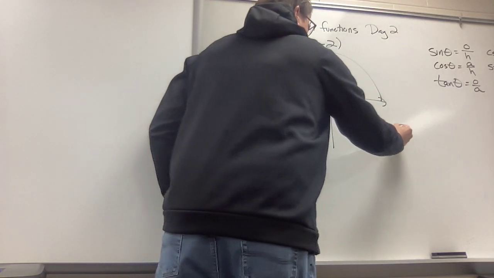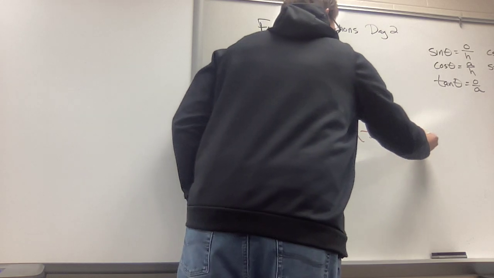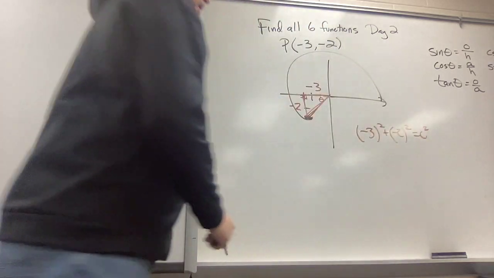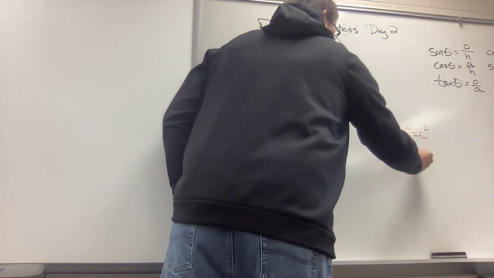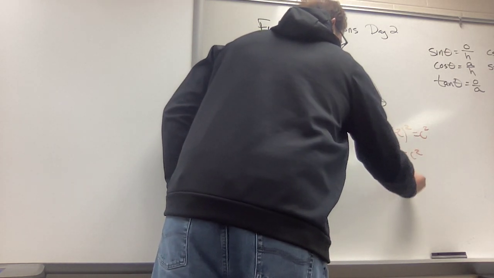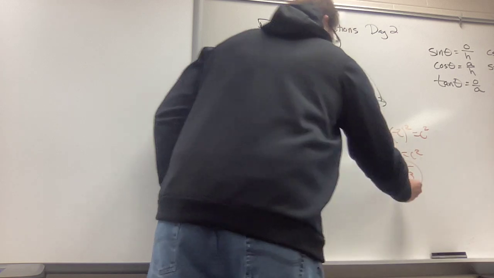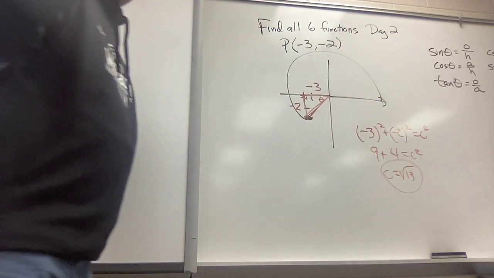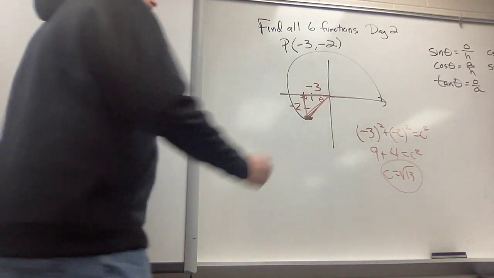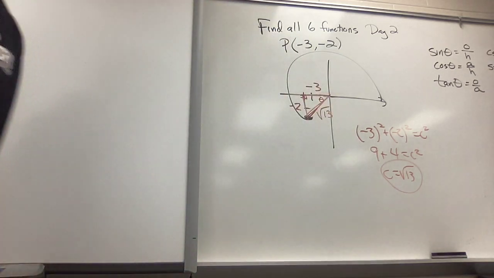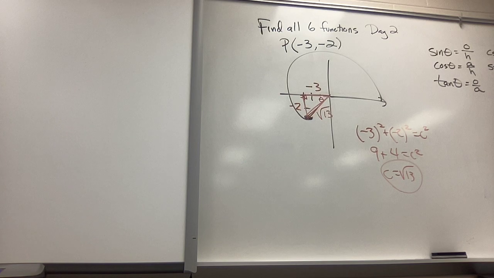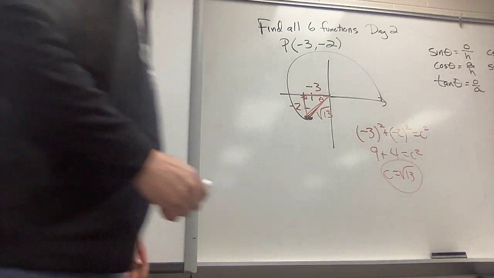A squared plus b squared equals c squared. 9 plus 4 equals c squared. We will not simplify. We will not approximate. We will keep it the square root of 13. All right. That looks just like yesterday. By the way, the hypotenuse, just like yesterday, is always positive.